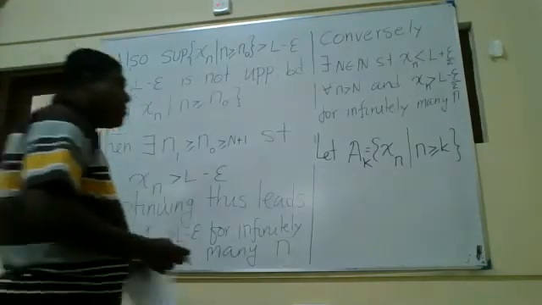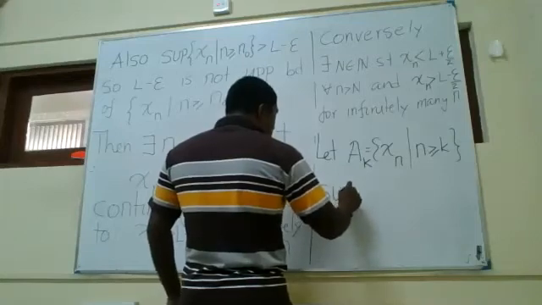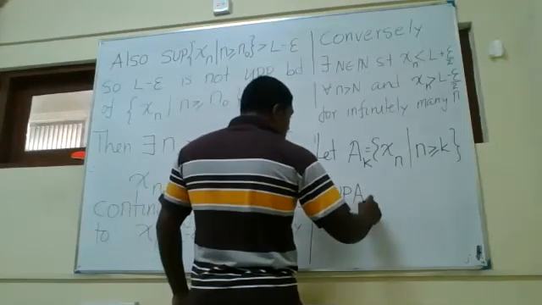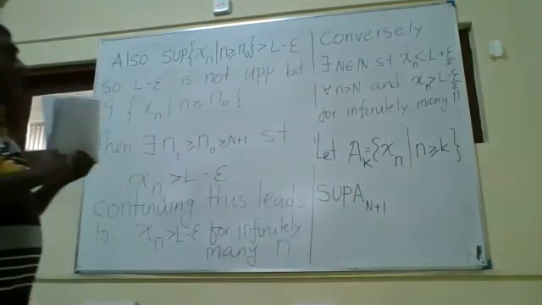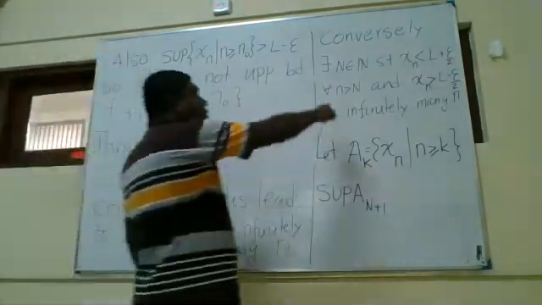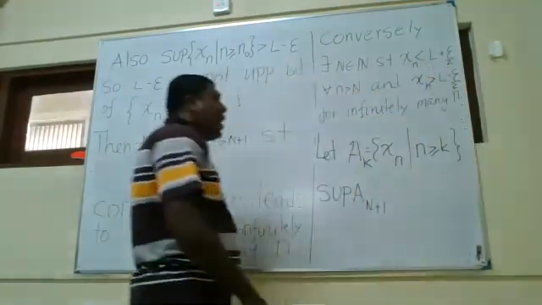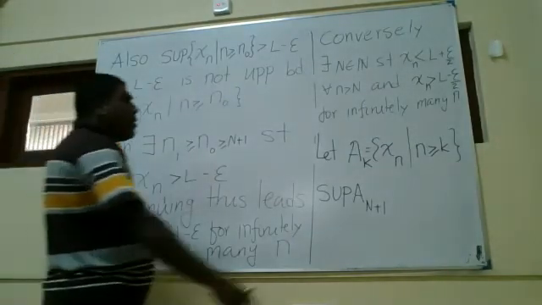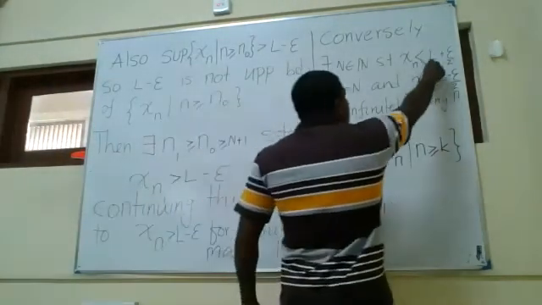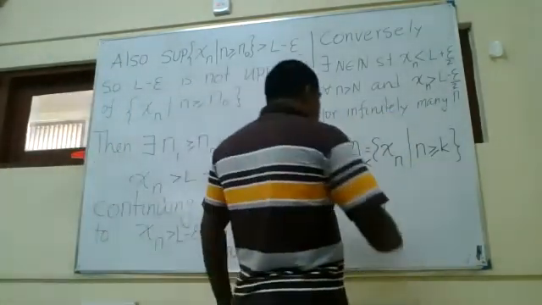And so then, because for all n greater than N, x_n is less than L plus epsilon over 2, the supremum of A_(N+1) will obviously be less than or equal to L plus epsilon over 2.